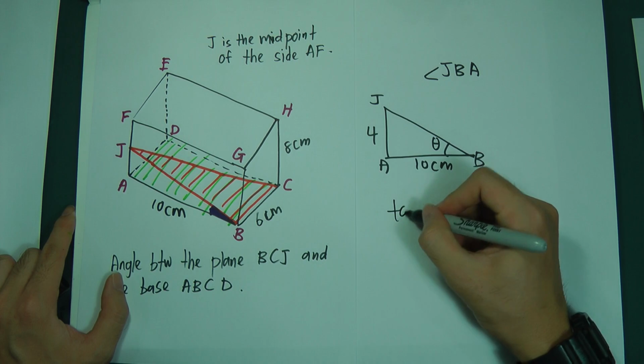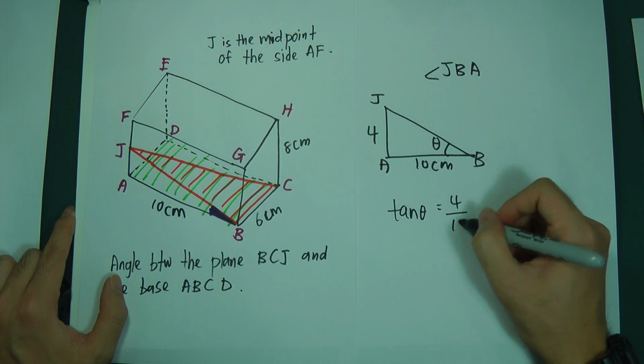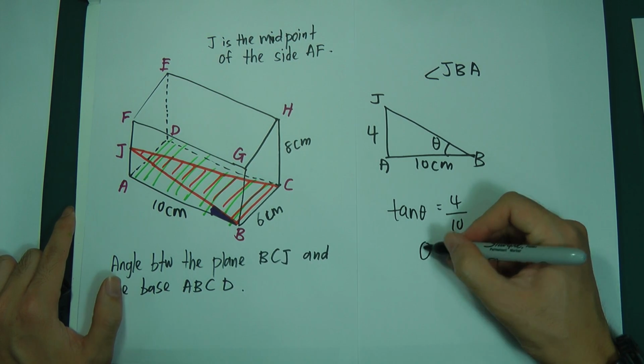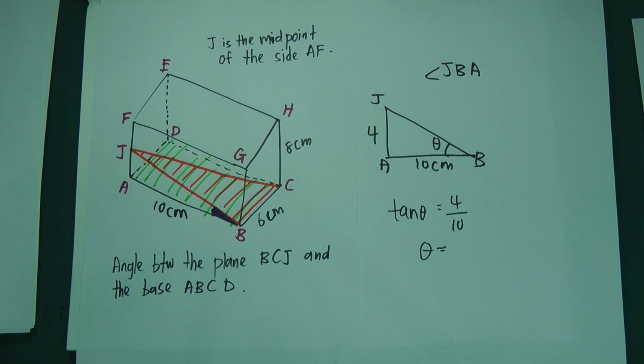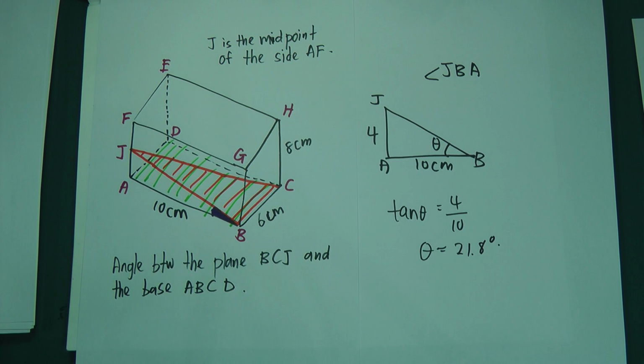Tangent angle equals opposite divided by adjacent. So you press shift tangent bracket 4/10. You get the angle in between is 21.8.